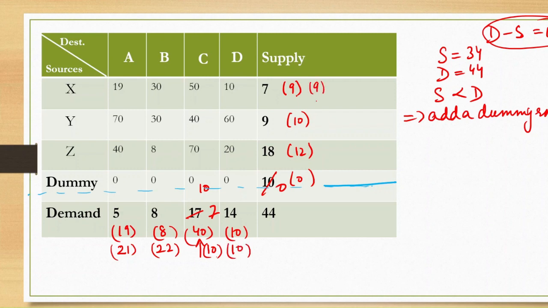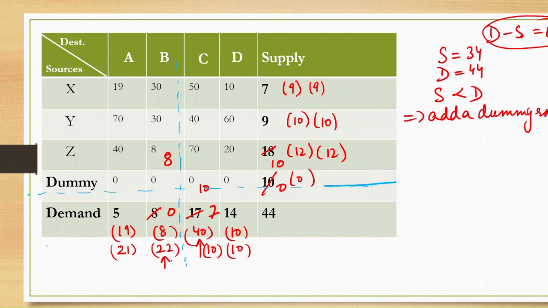There is no difference in this. So the maximum penalty that we have is 22. In this, the lowest one is 8. So out of the demand and supply, demand is less. So allotting 8 units, this becomes 10. So now as we could see, again this is gone.